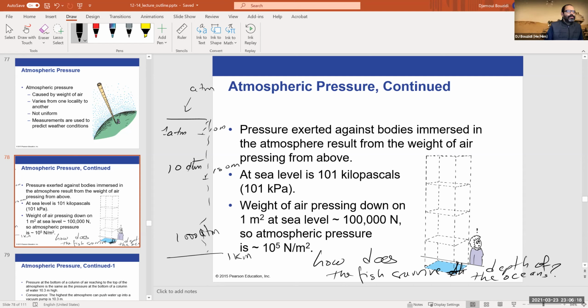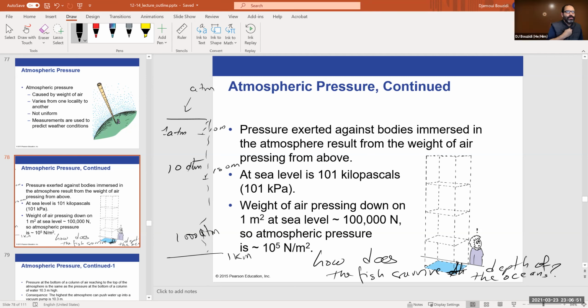What do you guys think? Because we cannot survive it for sure. Take an elephant, it's not going to survive it. Internal gases? What do you mean by that? How does a fish survive that much depth?